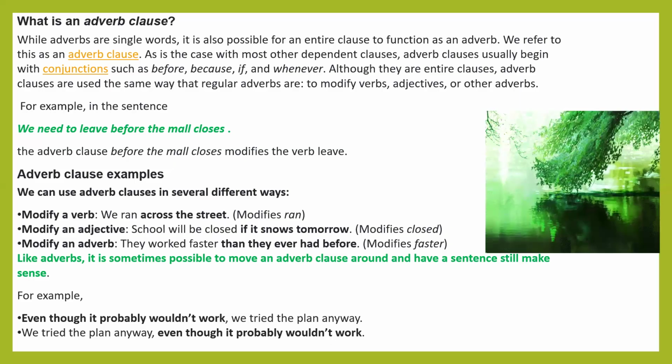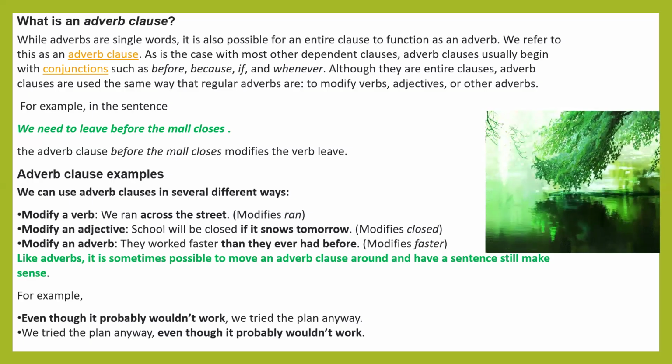Like adverbs, it is sometimes possible to move an adverb clause around and have the sentence still make sense, grammatically correct, giving complete meaning. For example, we can use an adverb clause at the beginning of the sentence and at the end of the sentence as well.